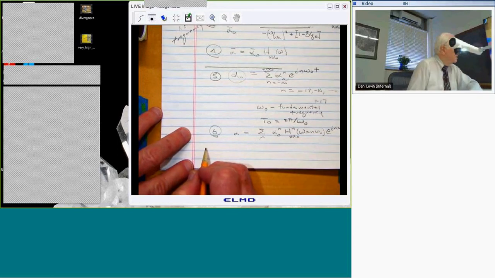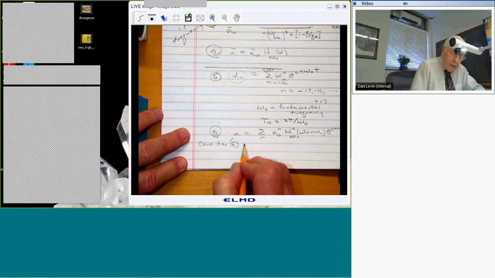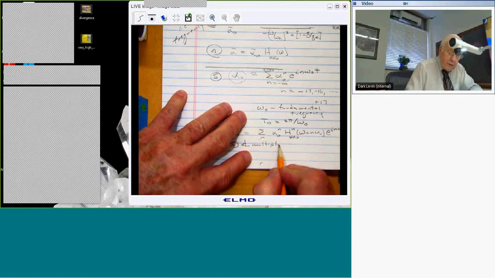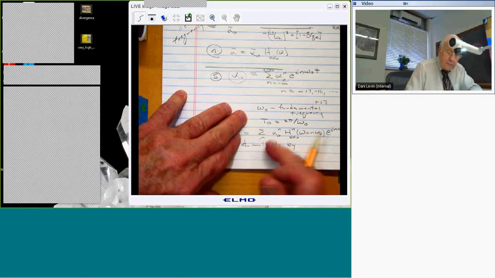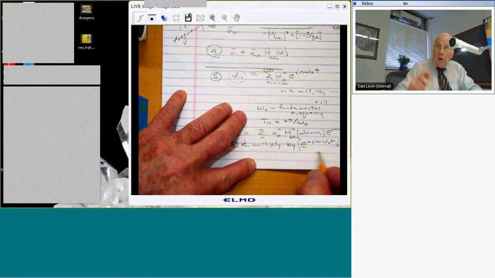So consider 5 and multiply by e to the minus I m omega naught t, and integrate with respect to time over one period.